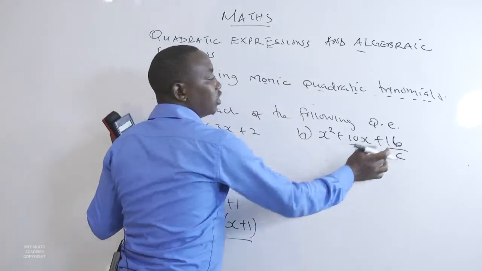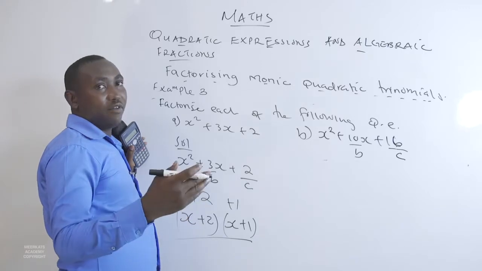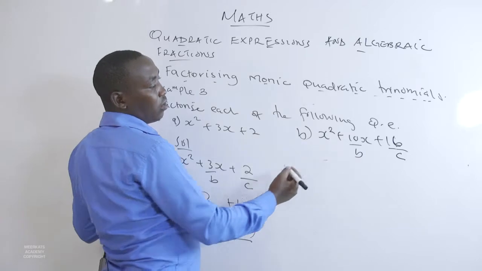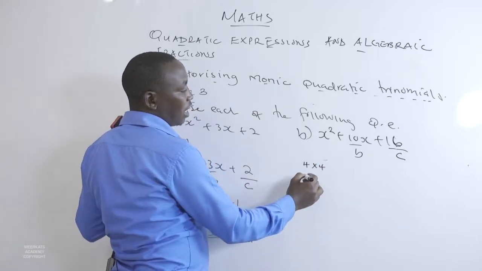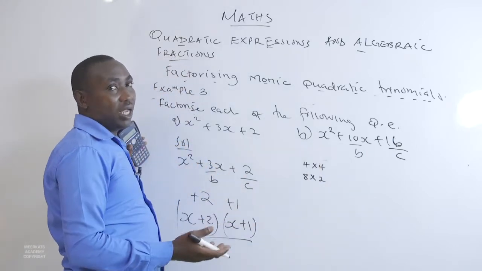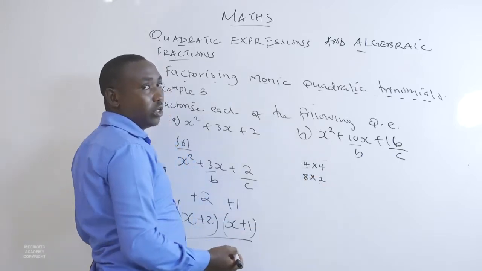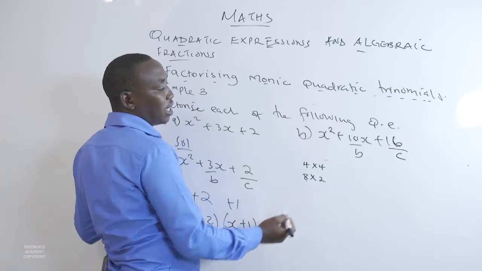So for us to have 16, you can have a combination of several numbers. We can have 4 by 4, we can have 8 by 2, we can have 2 by 8, and so on. But when you add 4 plus 4, you will get 8, not 10. What if you add 8 and 2?